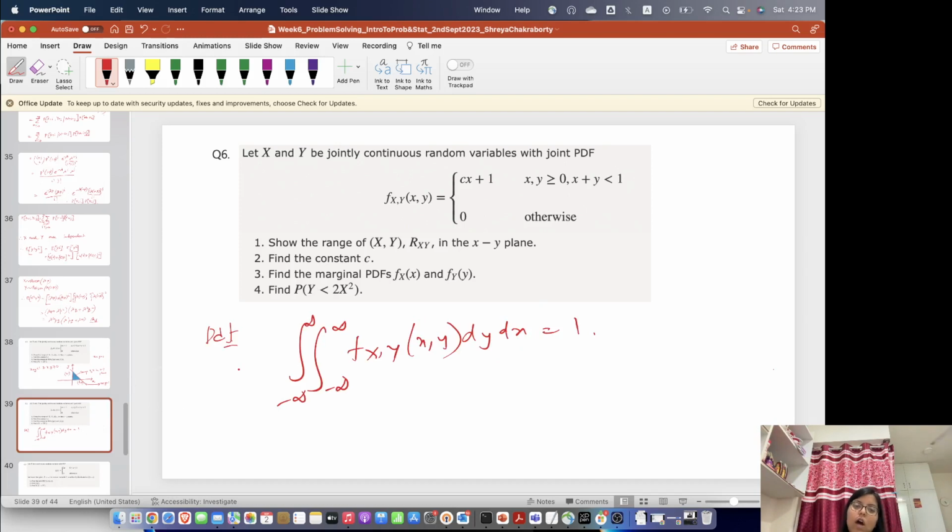So how are we going to do that? Here this line is x plus y equal to 1.